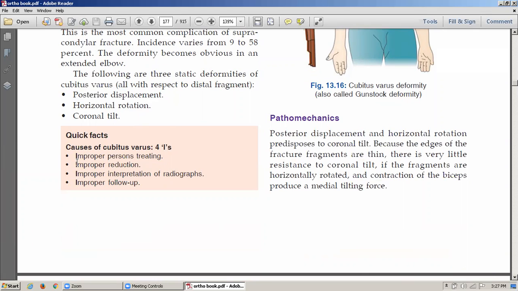The causes of cubitus varus are the 4 I's: improper splinting, improper reduction, improper interpretation of radiograph, and improper follow-up. So the 4 I's are very important causes in cubitus varus.